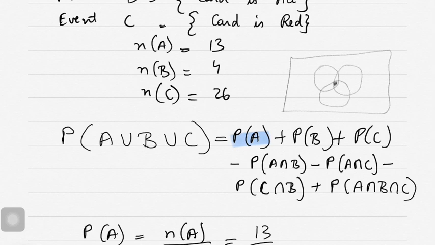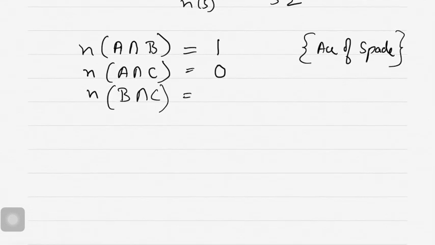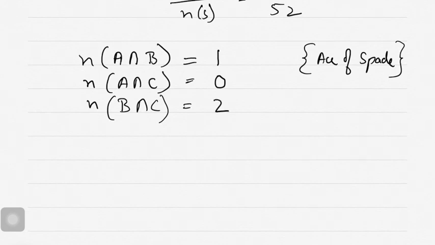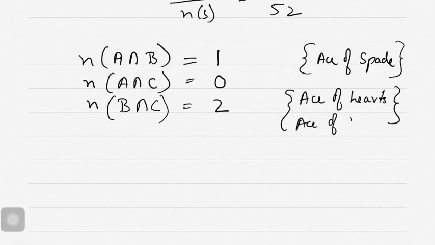Red cards means diamond and heart, and they both have ace cards: ace of diamond, ace of heart. So between B and C there are two cards which are common, right?